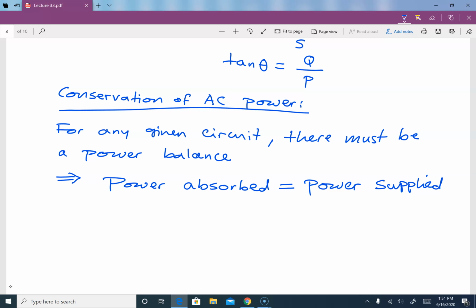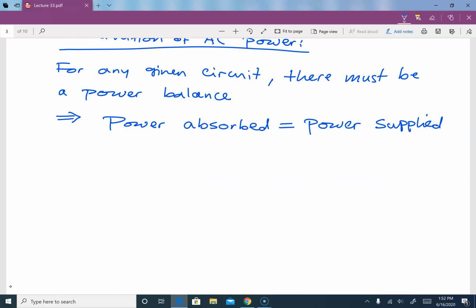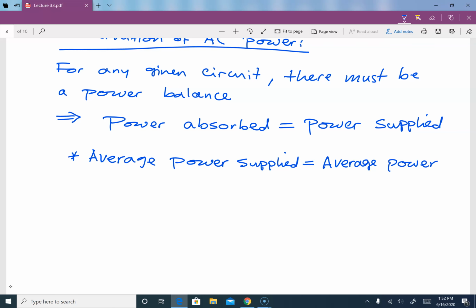However, in an AC circuit we have many types of power. So average power supplied equals average power absorbed, which means that the summation of P supplied is equal to the summation of P absorbed.